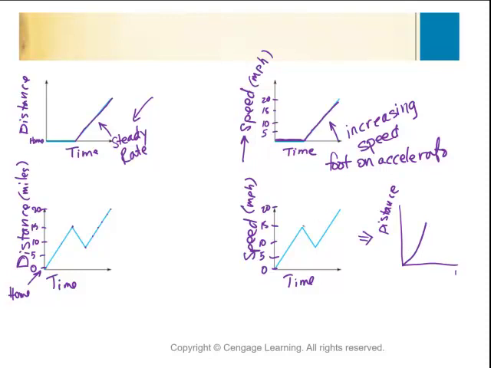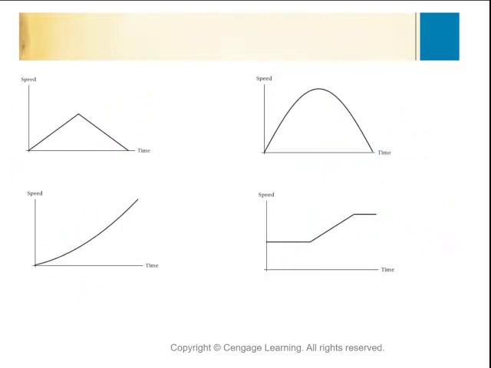Now, I am decreasing my speed here, going slower and slower, and now I'm increasing my speed again, so that looks like this. So if I were to look at what's going on with my distance, I would see that I'm really covering more distance, because the faster I go, the more distance that I cover. All right, let's look at our next set of graphs.